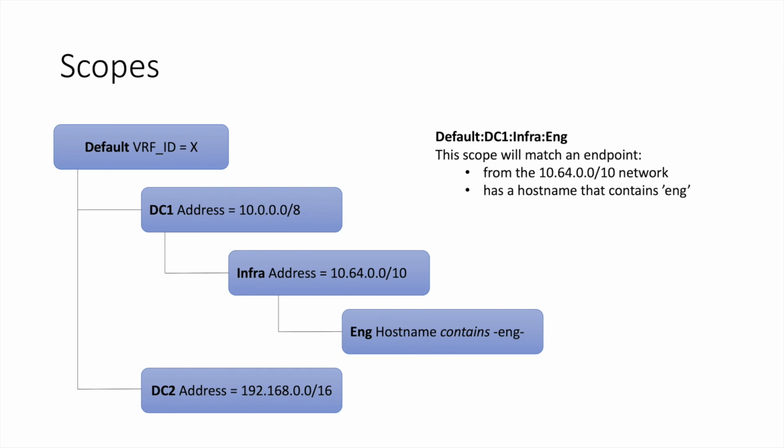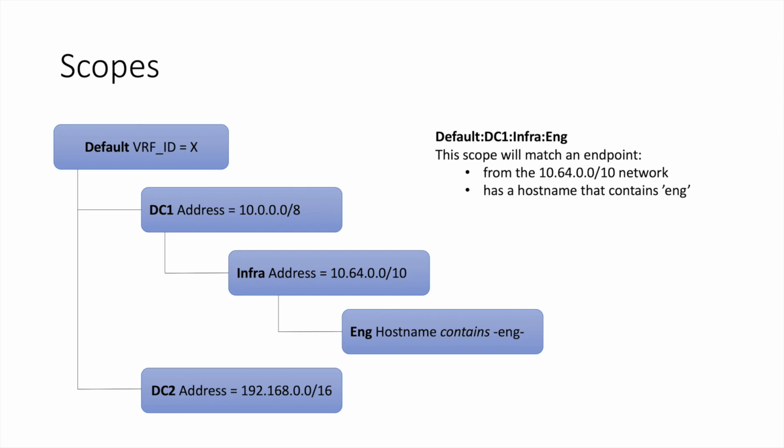Building off of that, we can start building the hierarchy. Within DC1, we have another split of the scope going to the infrastructure, and that infrastructure is within the 10.64.0.0 network. Within that, we can pull out applications that have host names containing -eng- for the engineering group.